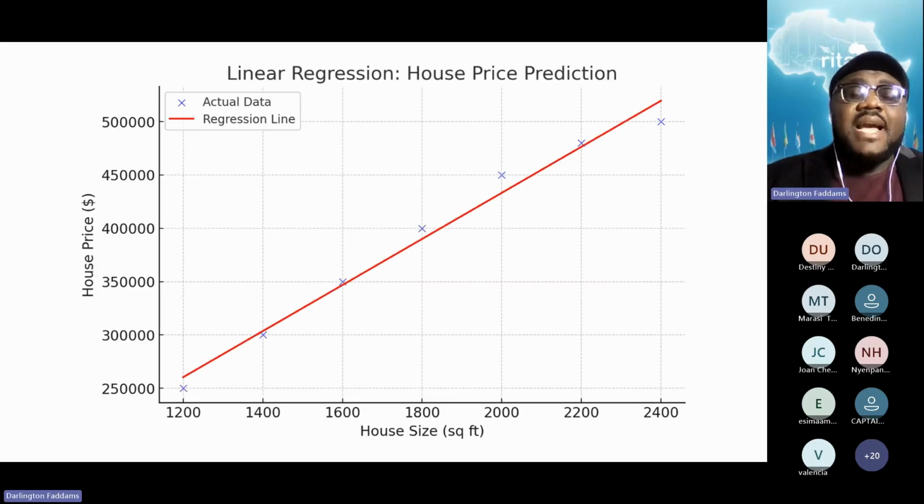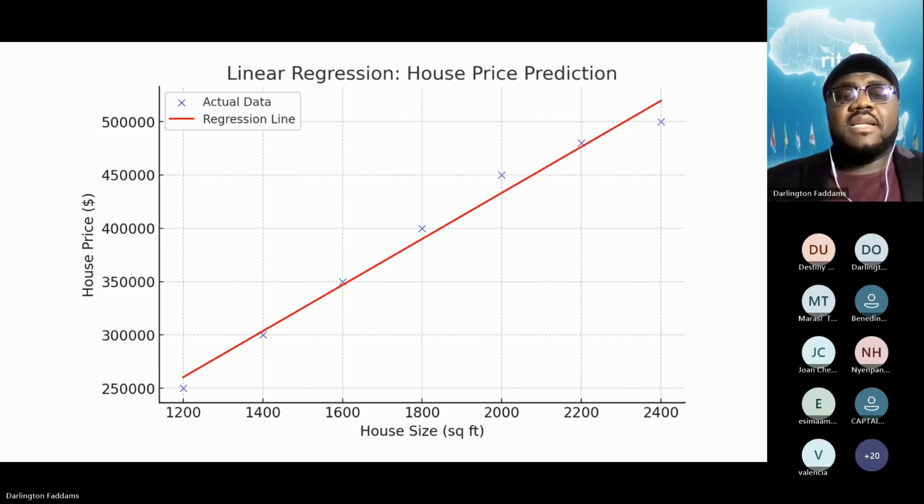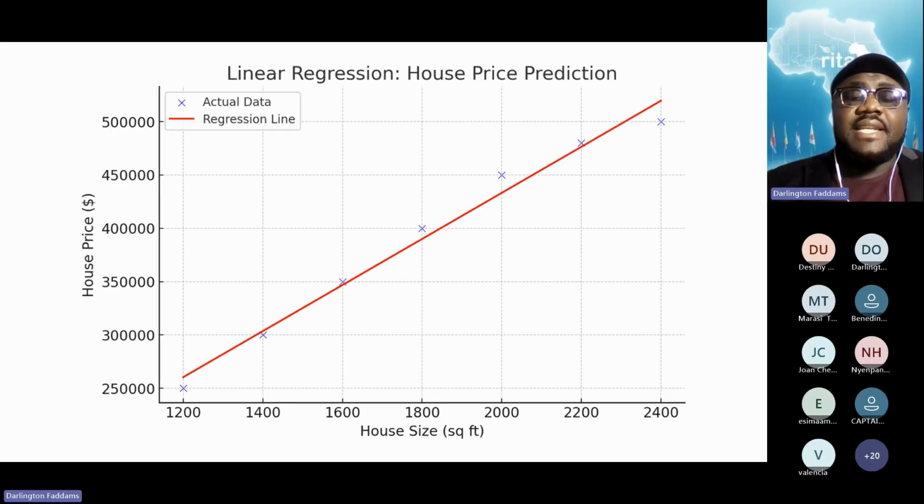So actually, behind the scenes, it is using an algorithm and a mathematical formula to map out the relationship between the input and the output and learn from the pattern it sees. After it sees that pattern with a line called regression line or line of best fit, it will be able to predict. So behind the scenes, it does it with mathematics and statistics.